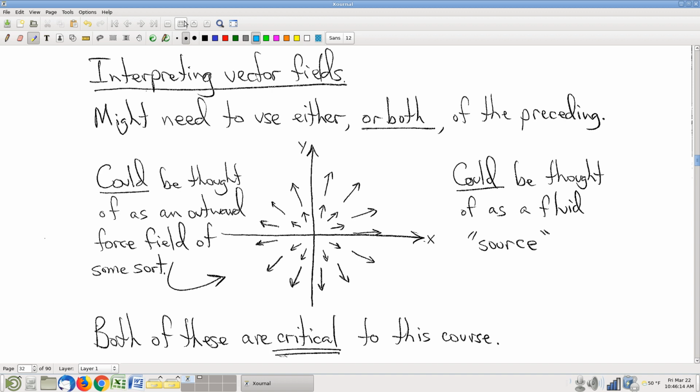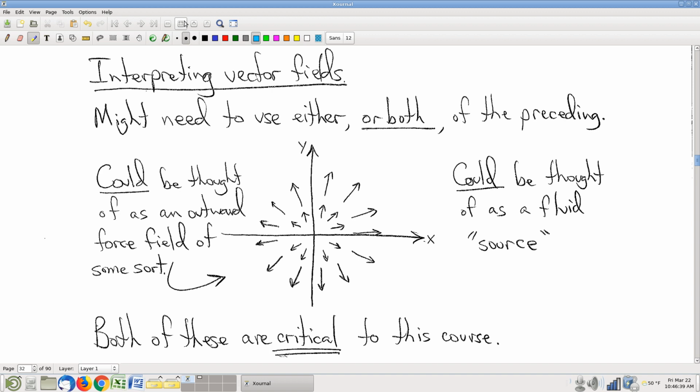You can't do that. Some students just want to think about vector fields as representing forces. They're like, I get gravity, I'm okay with electric fields, so I'm going to always think of vector fields as representing forces.